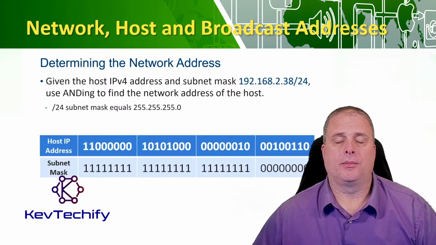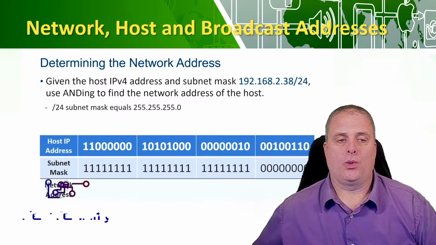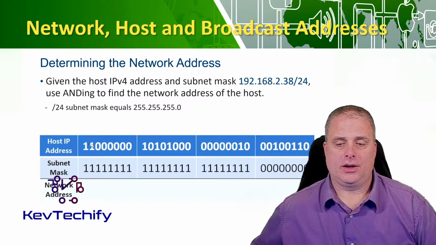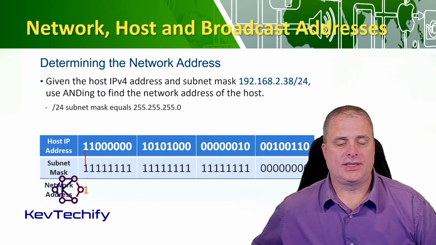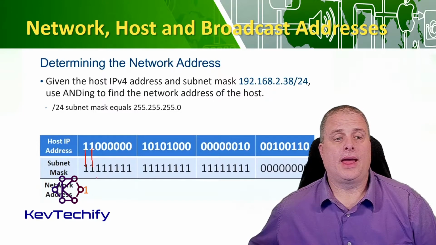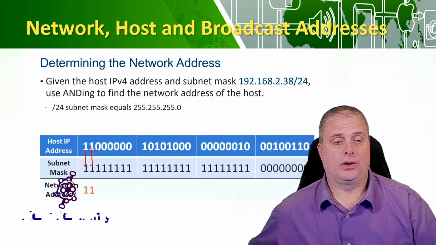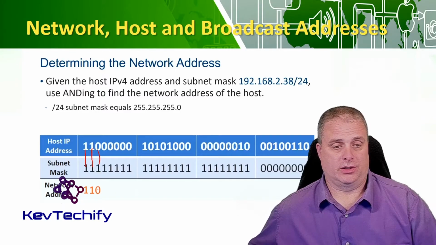If we compare them bit for bit, we can see that a 1 and a 1 right here in the first column is equal to a binary 1. In the second column, a 1 and a 1 results in a 1 also. A 0 and a 1 results in a 0.